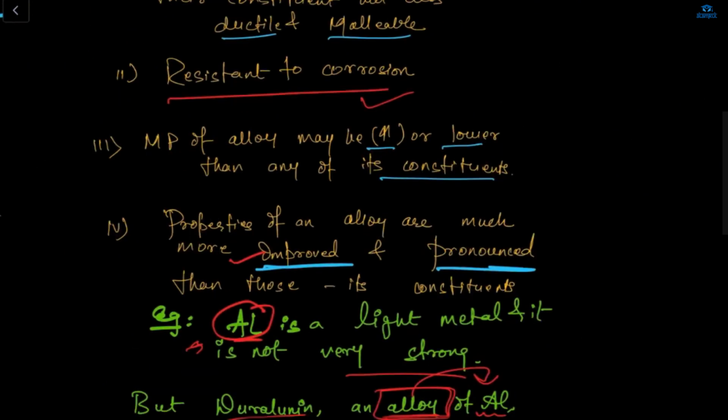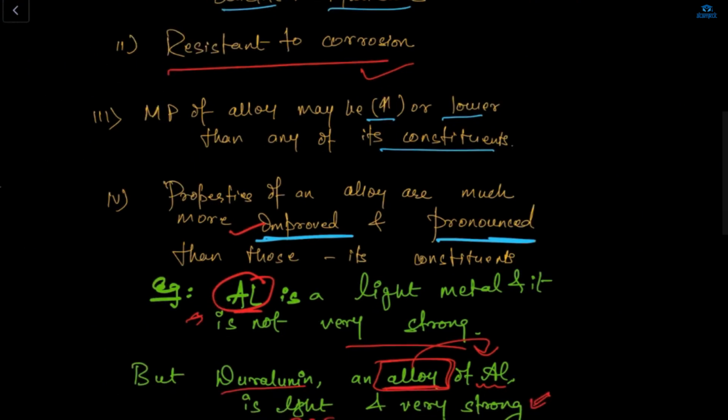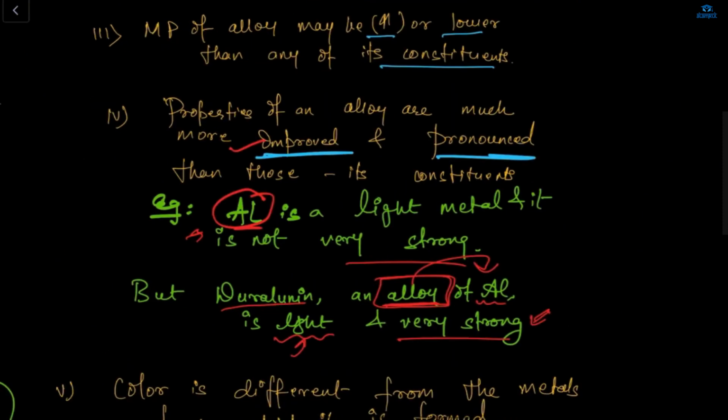Properties क्या होती है alloy की? They are much more improved and pronounced than those of its constituents. For example, aluminium is a lightweight metal, and it is not very strong. But duralumin is also an alloy of aluminium, and it is very light and very strong. So these are the differences in alloys.